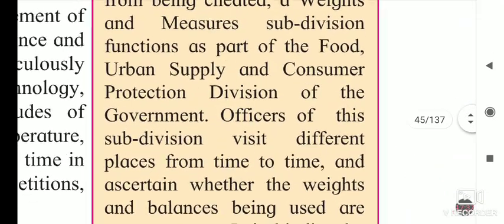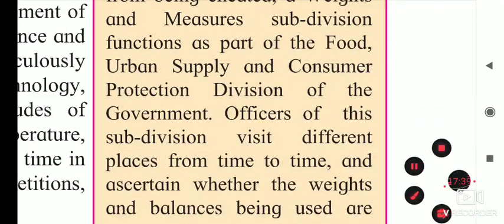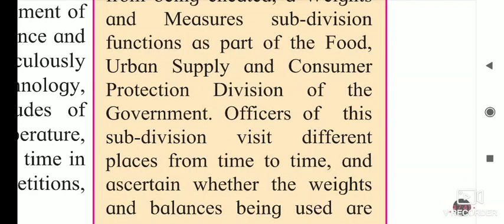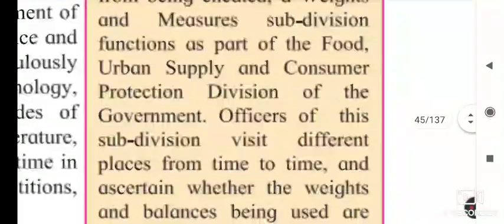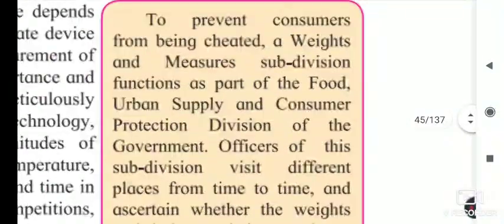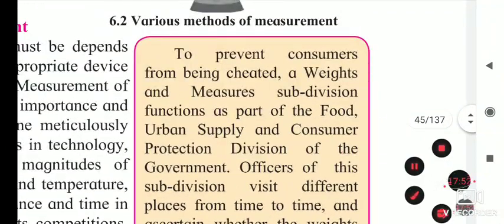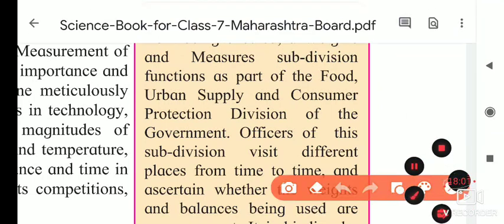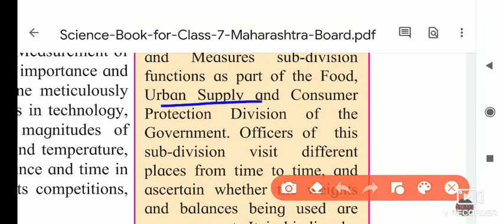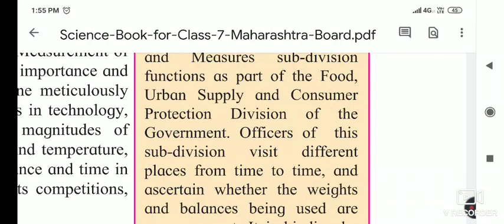The consumer rights department checks shops, the weights and measures they use for giving things to consumers. If someone is cheating, that department takes a fine from them. This urban supply and consumer protection division of the government works on it.